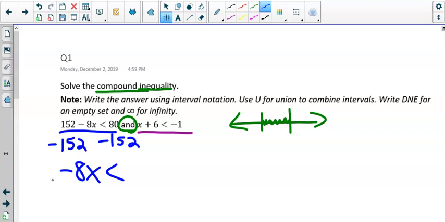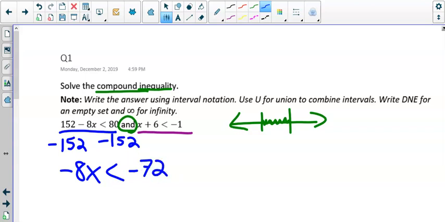Say it again. 72? No. Not exactly. 80 minus 152. Negative 72? I don't think it should be 72. Oh, it says negative 72? All right. Just kidding.